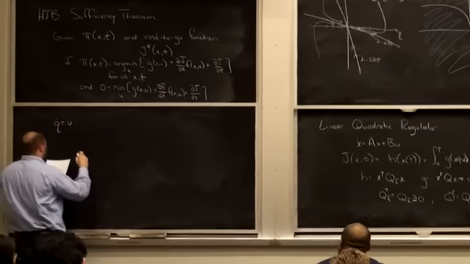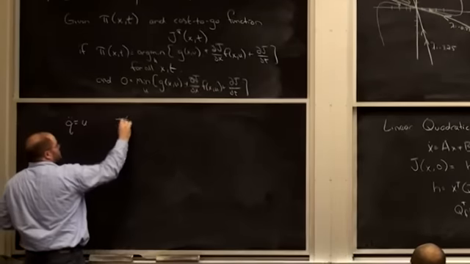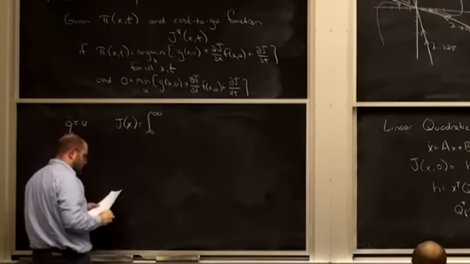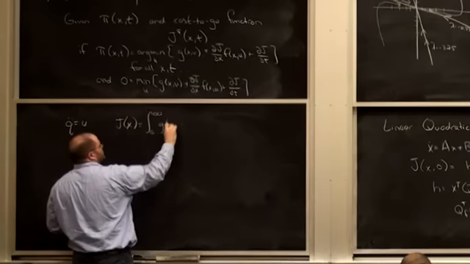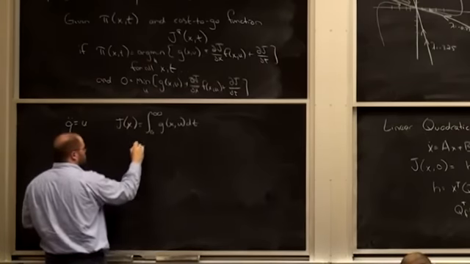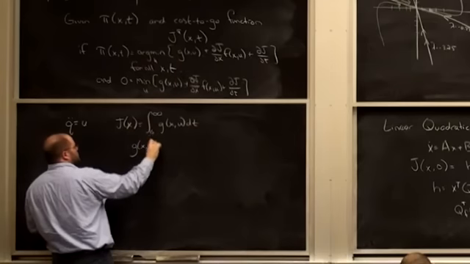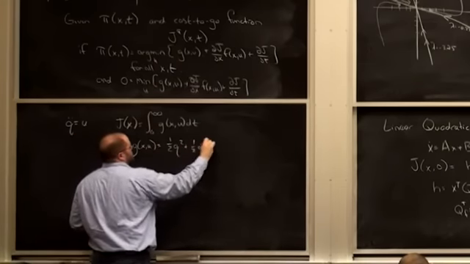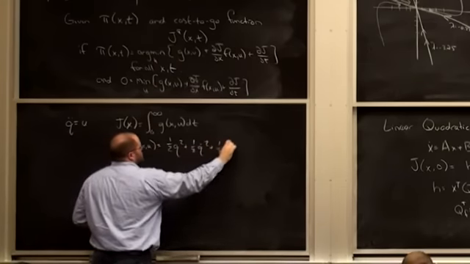We've got now infinite horizon J(x) is the infinite horizon integral of g(x,u) dt, where I said g(x,u) was 1/2 q squared plus 1/2 q dot squared plus 1/2 u squared.